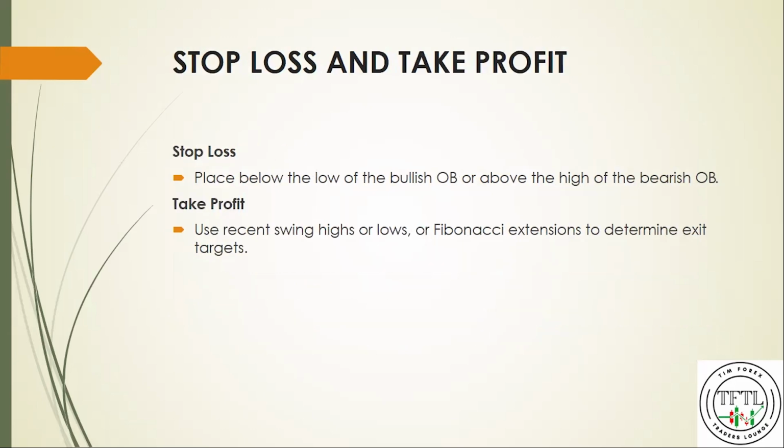Now, stop loss and take profit. How do you put your stop loss and take profit? For the stop loss, you place it below the low of the bullish order block or above the high of the bearish order block. For the take profit, you can use the recent swing highs or swing lows or Fibonacci extensions to determine the targets.